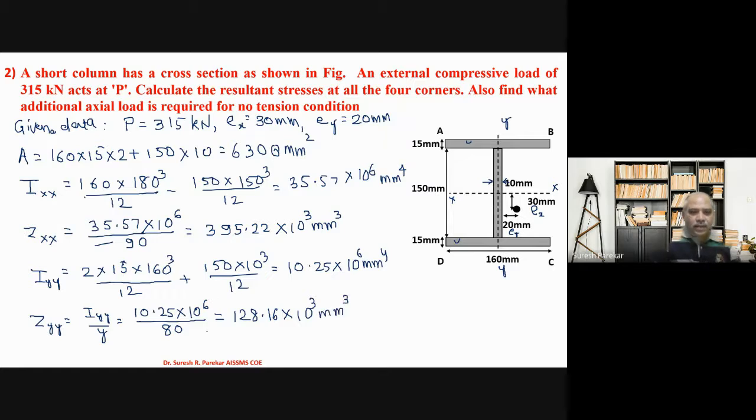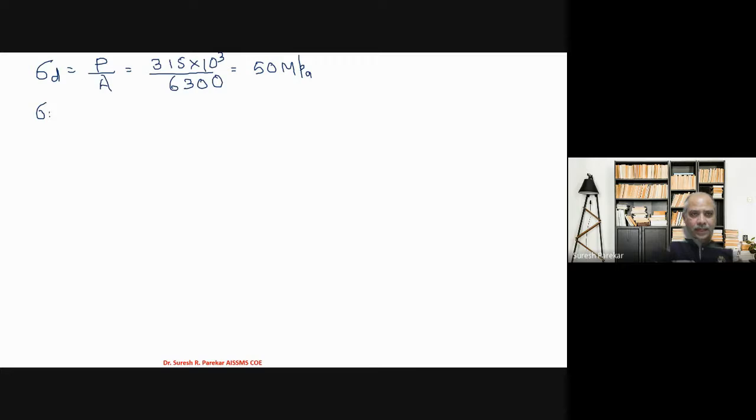So now once we have these values and we know P, we know E, then we can find sigma D, which is equal to P by A. P we have 315 into 10 raised to 3 and A we have 6300, and from this we will get value as 50 MPa. Then we can have sigma Bx is equal to Mx by ZXX.